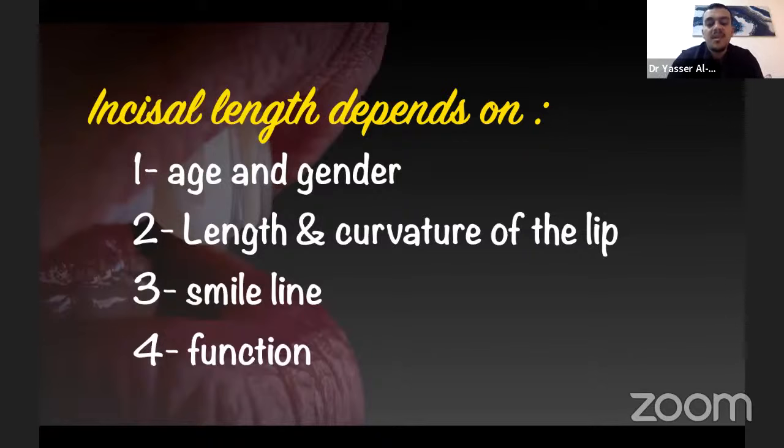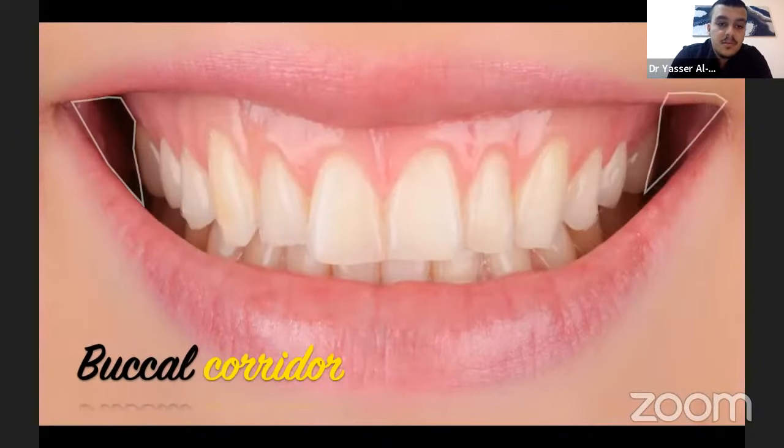A patient with a high lip or big lip, or where the lower lip may be bigger than the upper lip, will block the incisal edge from showing at the rest position. Also the smile line of the patient, which means the curvature of the lower lip, and the function of the teeth. Those are many factors that the showing of the incisal edge depends on.